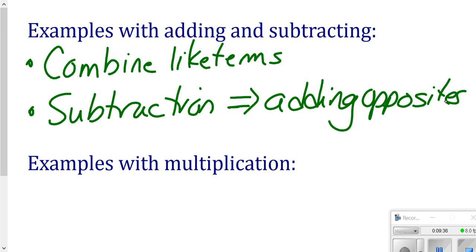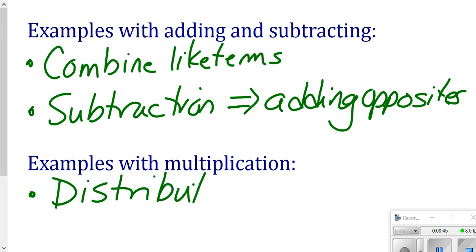And if you have multiplication, you are going to just think about distributing. Okay, so I know that on your notes it says examples, but rather than put examples right there, I'm going to go to the next part of your notes and pull examples from this part.